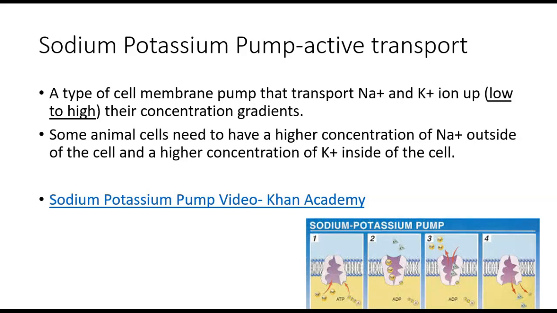For some animal cells, we need to have a higher concentration of sodium outside of the cell and a higher concentration of potassium inside the cell. By the way, Na+ represents the sodium and the K represents the potassium.